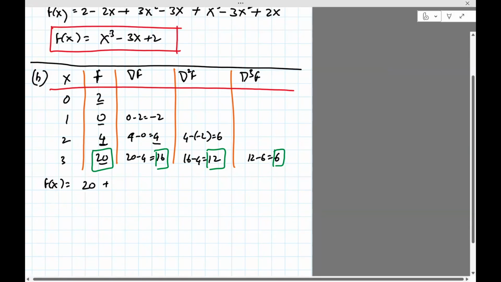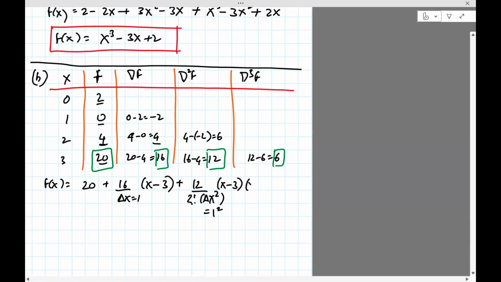Plus 16 divided by delta x, which is just 1, x minus xn, n happens to be 3, so this will be 3, plus this 12 divided by 2 factorial delta x square, which is just 1 square, x minus xn, minus the next term, which is 2.